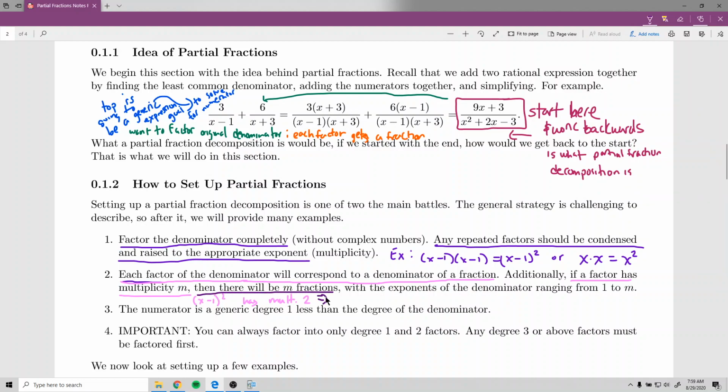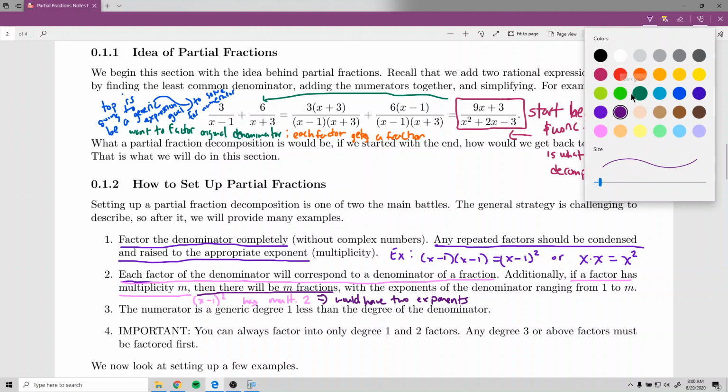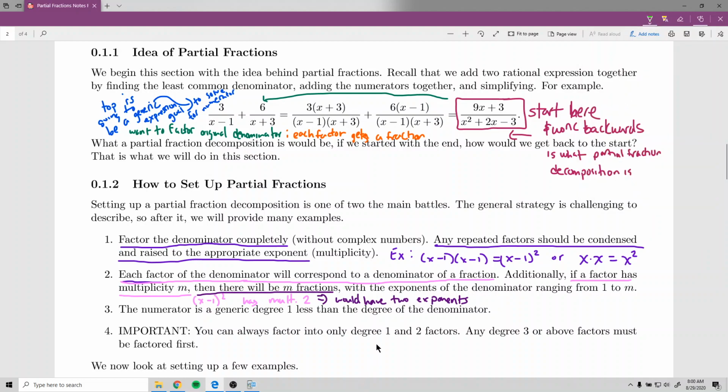So just from the x minus 1 squared, there will be 2 fractions. And the exponents in each fraction, you start with 1 and go up. So if there are 2 fractions for a factor, you would have x minus 1, and the other one would be x minus 1 squared. And if you had a cube, x minus 1 cubed. But it's very rare to go past squared, and I don't think we will be doing that. I'm like 99% sure. You will see some squares, but not cubes.